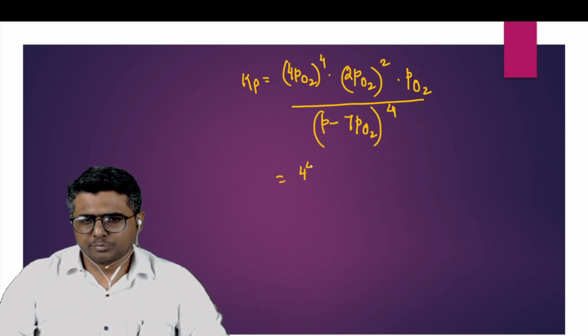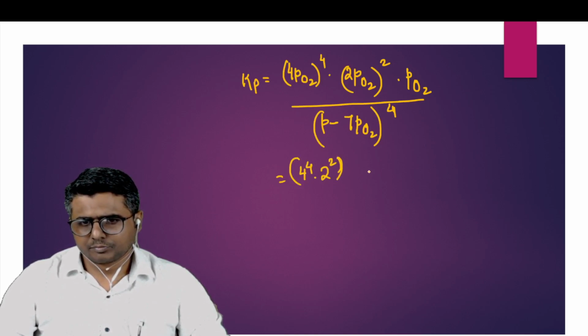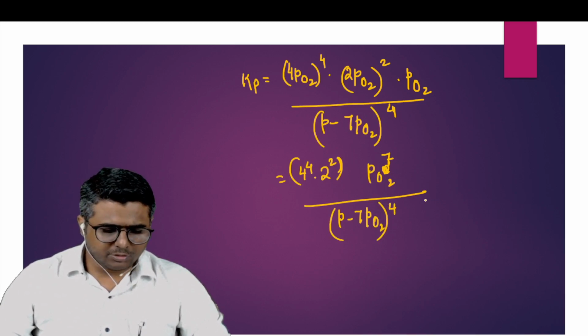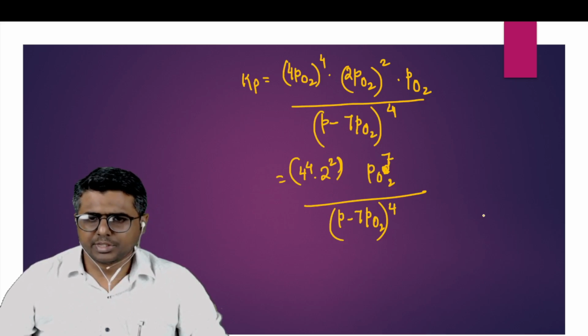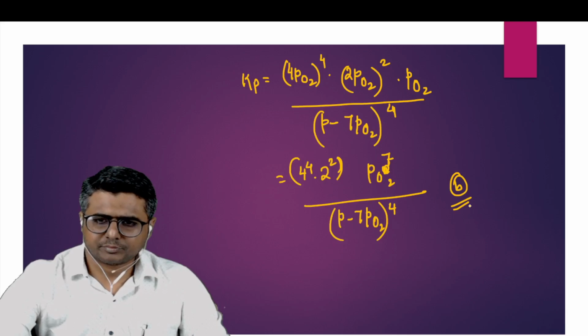So here 4 to the power 4 into 2 square, PO2 whole to the power 7 divided by P minus 7 PO2 whole to the power 4. So this will correspond to option B, which is the correct answer.